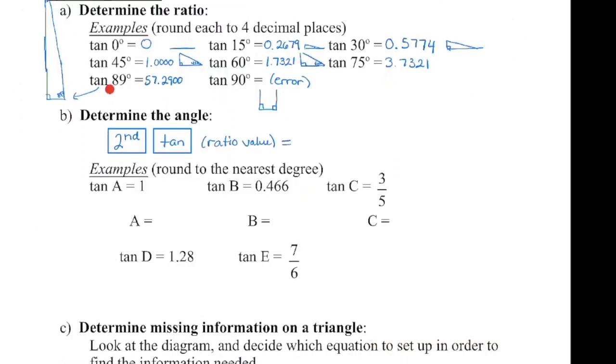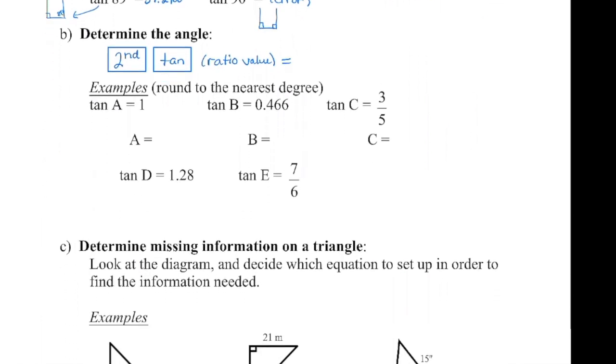Given an angle in a right angle triangle, we can figure out the ratio of those two sides. We can also work backwards. If we know the ratio of the opposite compared to the adjacent side, because it's the same in every triangle with that angle, we can also figure out what that angle is. So we're going to take a look at how to do that.